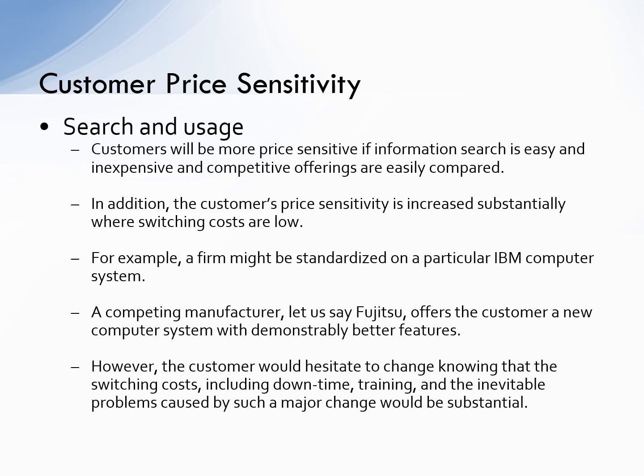A computing manufacturer, let us say Fujitsu, offers the customer a new computer system with demonstrably better features. However, the customer would hesitate to change, knowing that the switching costs, including downtime, training, and the inevitable problems caused by such a major change, would be substantial.